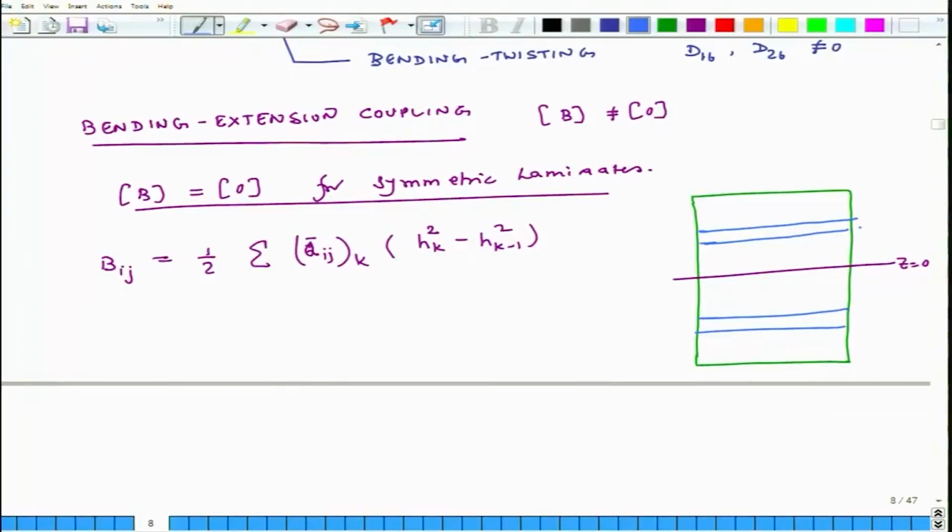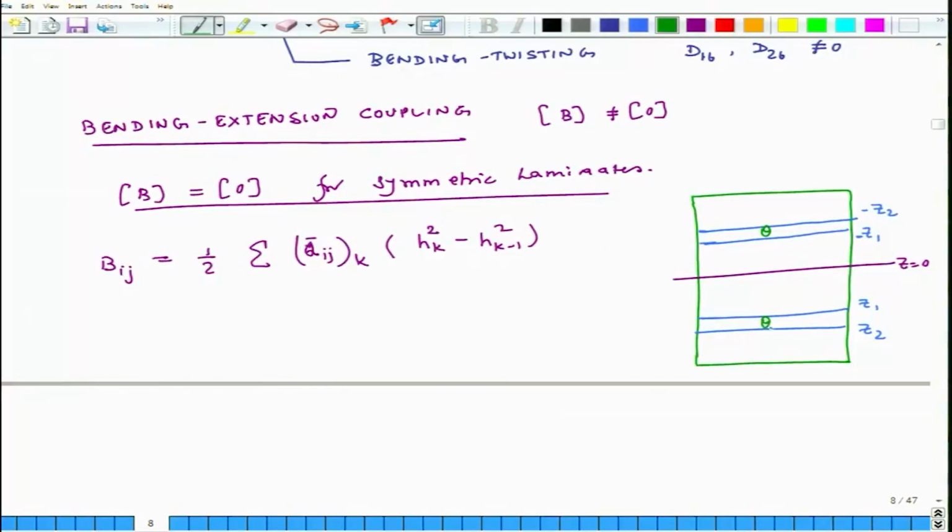So, let us say the coordinates of the bottom layer are Z1 and Z2. Then the coordinates of the top layer will be minus Z1 and minus Z2. And we say that because the laminate is symmetric, the orientation of this layer is theta and the orientation of this layer is also theta.